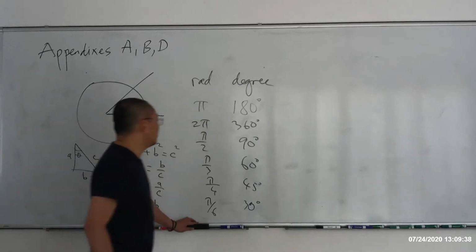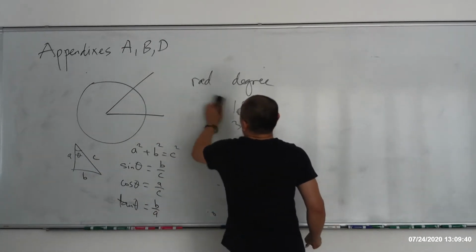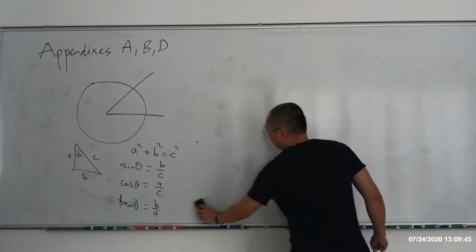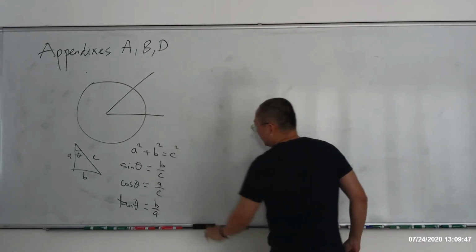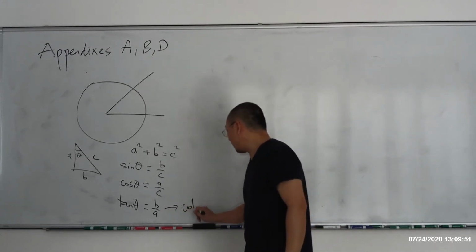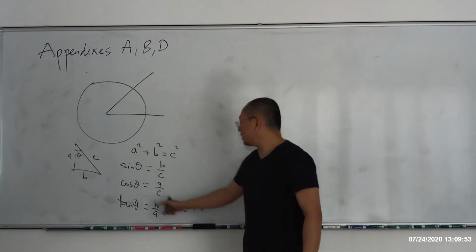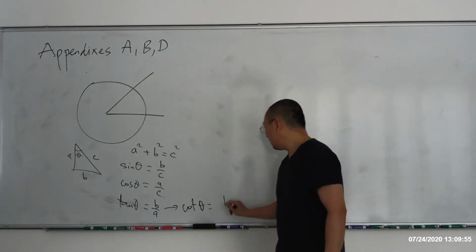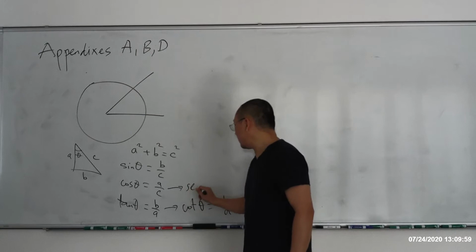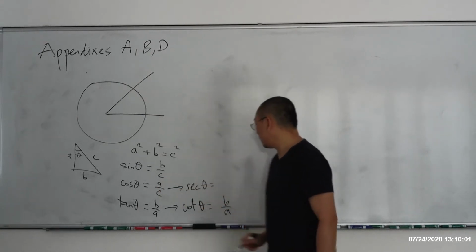And I claim that that's good enough for you guys to do all the math. But we're going to do more out of it. After having sine theta, now let me go back with that. You got tangent, and something called cotangent of theta. Cotangent is the reciprocal of tangent. And for cosine right here, we have something called secant theta, the reciprocal of cosine.